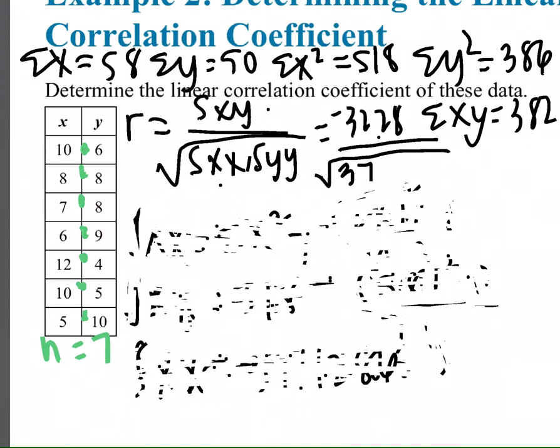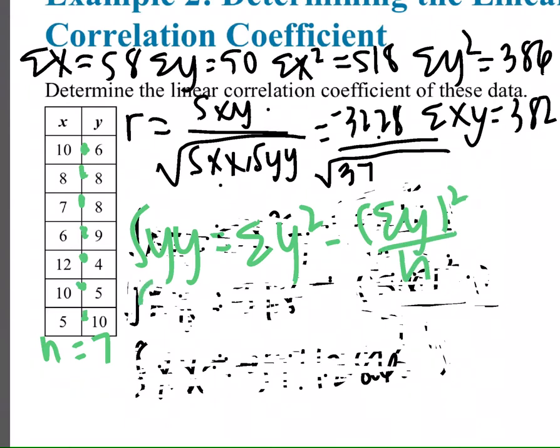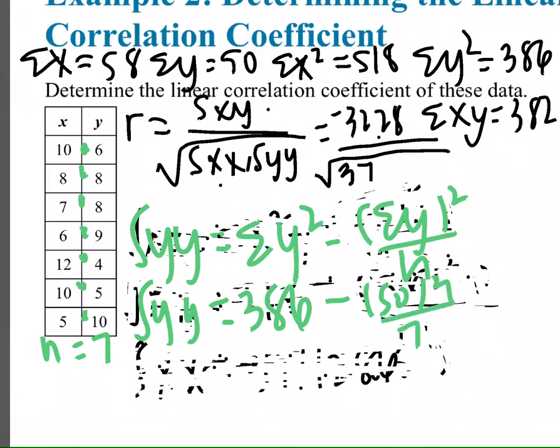Okay, so the very last one is S sub YY. S sub YY is similar, except we are going to use our Y values. So you find the sum of Y squared minus the sum of Y squared divided by N. When you do this, you will plug in the sum of Y squared, so 386 minus 50 squared divided by our 7.